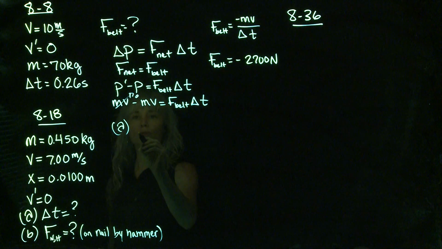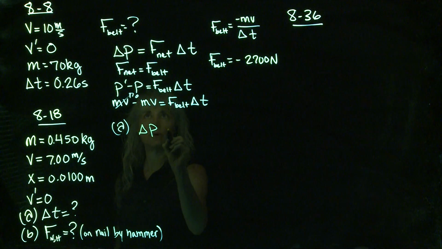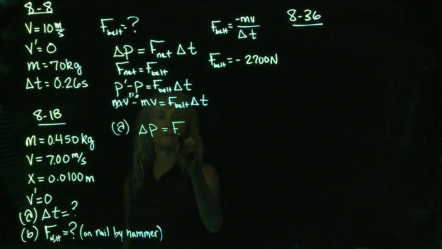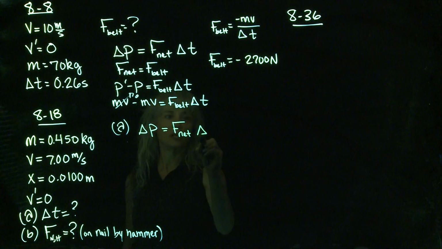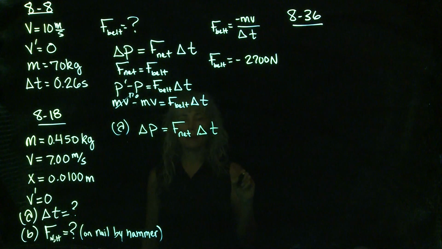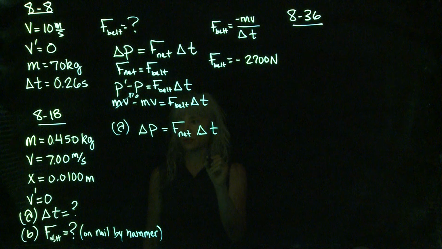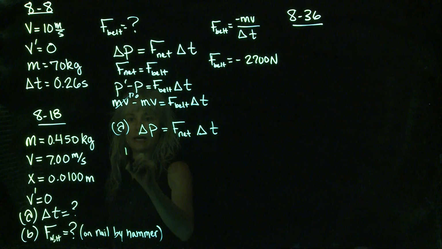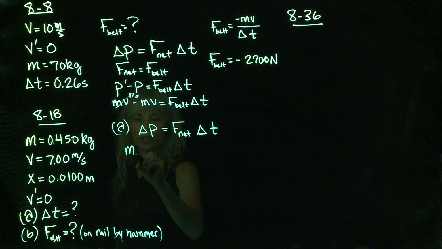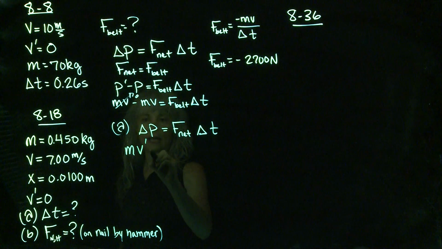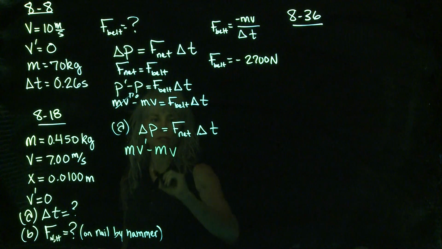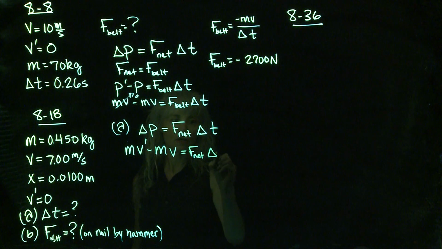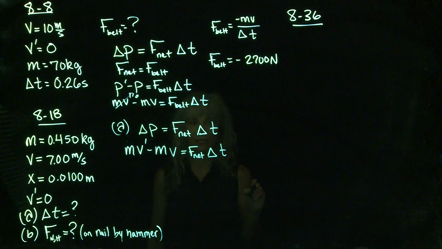So we start off with Newton's second law. The change in momentum of the hammer is going to be equal to the net force being exerted on the hammer times the change in time. And remember that the net force is being exerted by the nail, and so we can write the momentum as the mass of the hammer times the final velocity minus the mass of the hammer times the initial velocity, and that's going to be equal to the net force times the time over which that net force has been exerted.